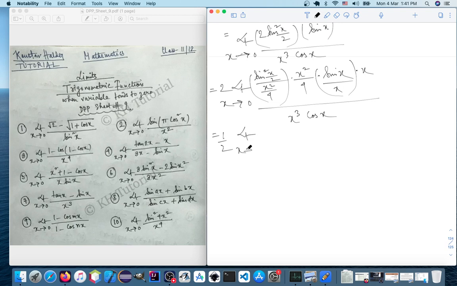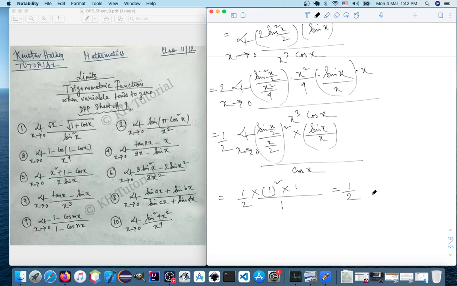Then limit x tending to 0, we have sin x by 2 divided by x by 2 whole square, and over here we have sin x by x divided by cos x, because the x square times x in the numerator becomes x cube, and we have x cube in the denominator, that gets cancelled out. Now we can apply the standard result, and we get 1 square into 1 divided by 1.